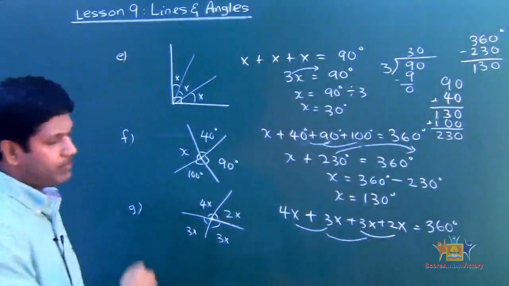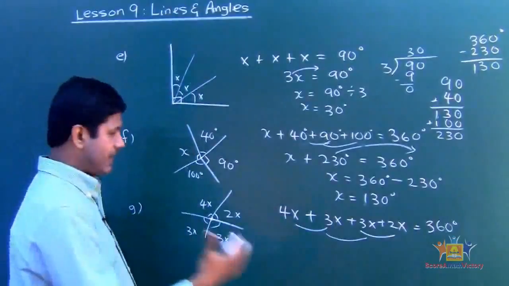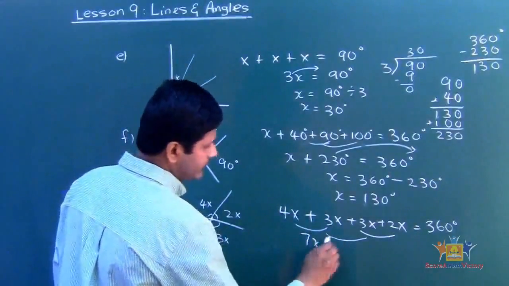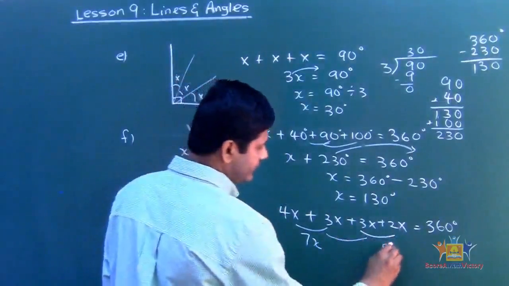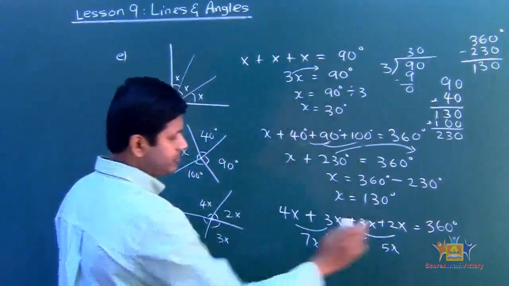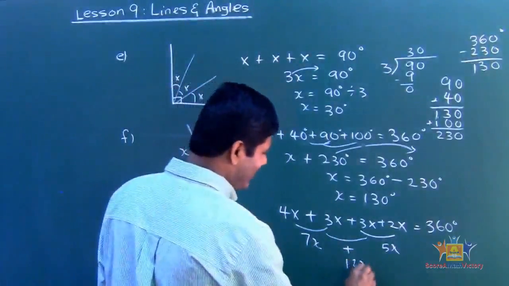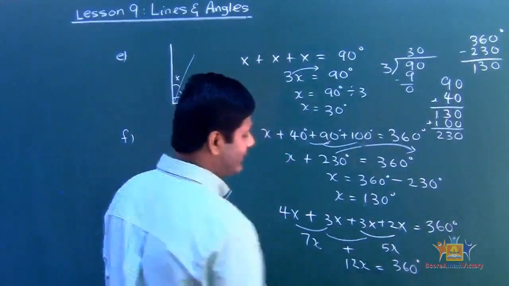So 4x plus 3x, 4 apples plus 3 apples, is 7 apples. So 4x plus 3x is 7x. 3x plus 2x is 5x. 7x plus 5x is 12x. Okay, good job. So 12x equals 360 degrees.